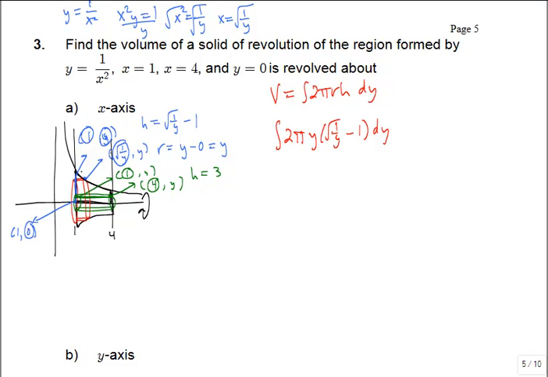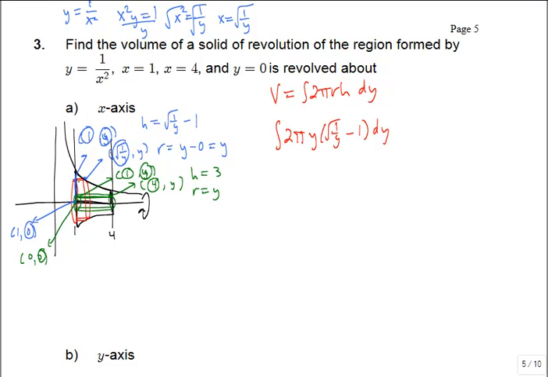And what would be the radius? Well, the radius is still going to be y, because this point here in the center, it's getting a little crowded here with all my scribbles, but if I look at the center point here, this would just be at 0, 0, and that would mean that this vertical distance would be this y value, which is y, minus this y value, which is 0. So the radius would still be y.